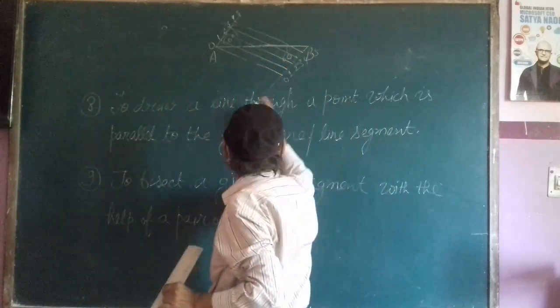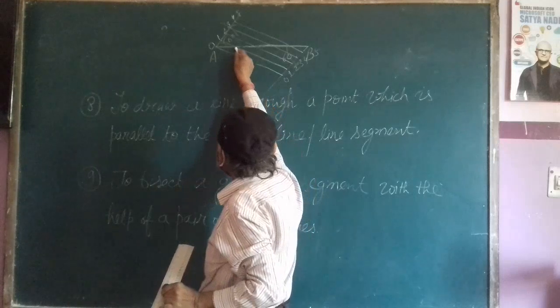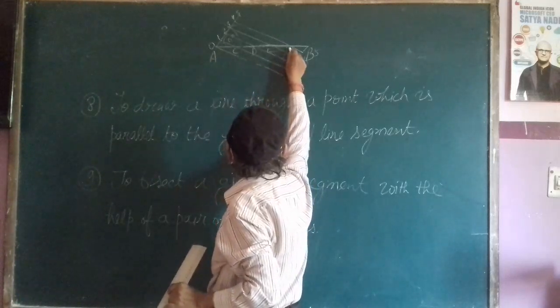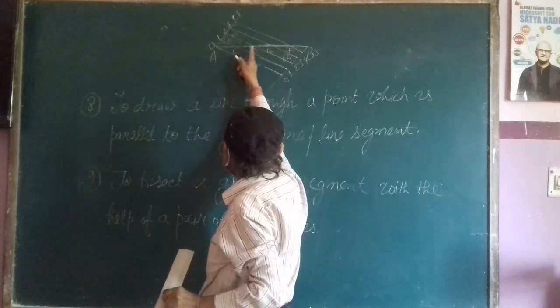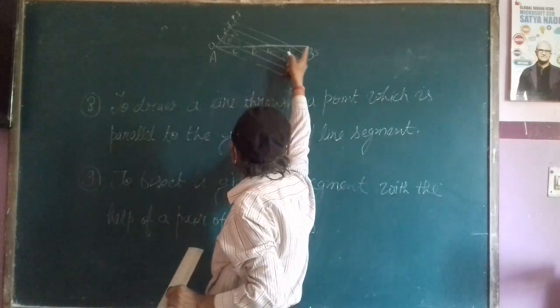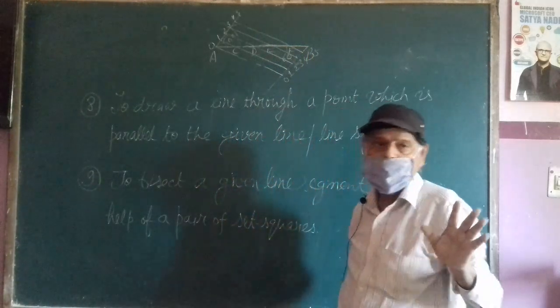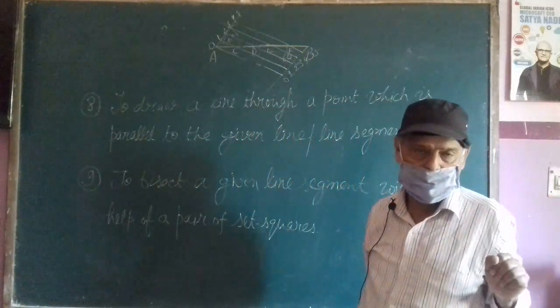If you check it, you can name the points C, D, E, F. 1, 2, 3, 4, 5. Line segment AB is divided in 5 equal parts.